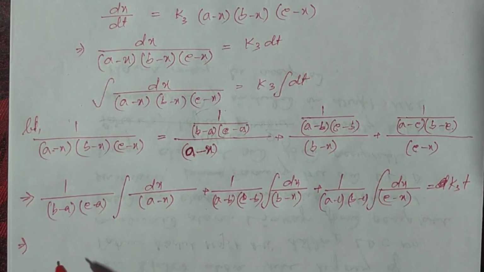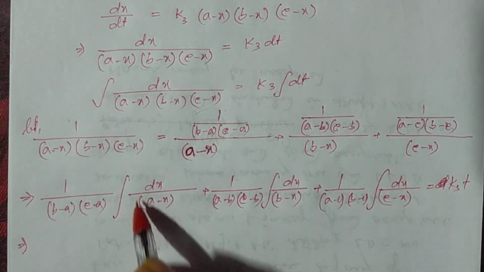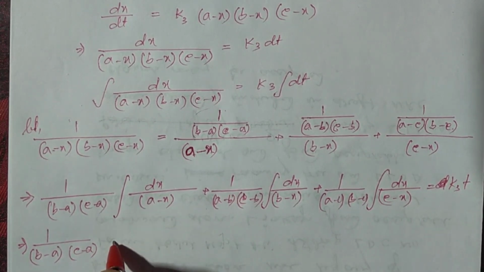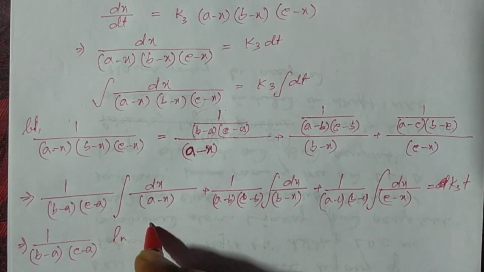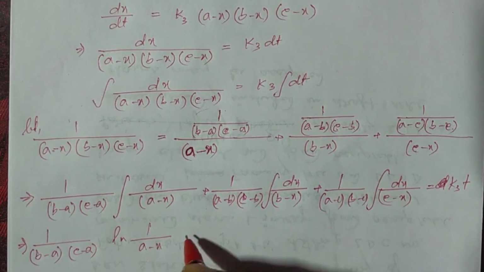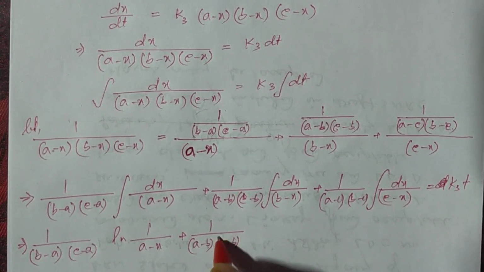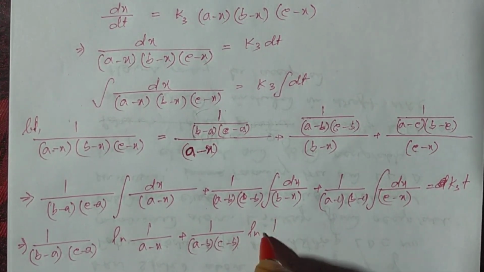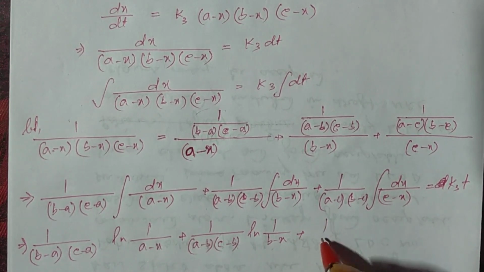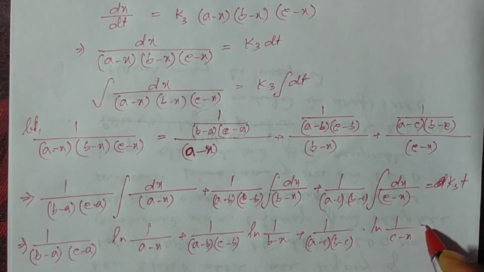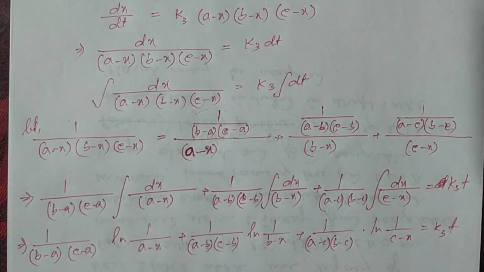Next, if we integrate this part, then it will give 1 by (B minus A)(C minus A) ln(A minus x), plus 1 by (A minus B)(C minus B) ln(B minus x), plus 1 by (A minus C)(B minus C) ln(C minus x), equals K3t plus a constant.